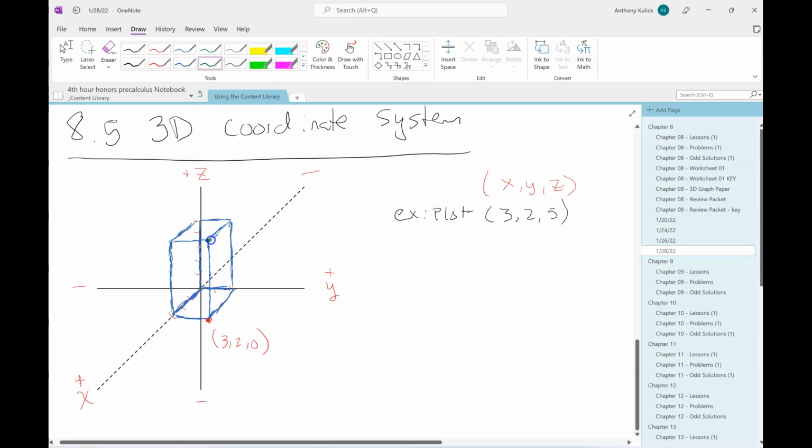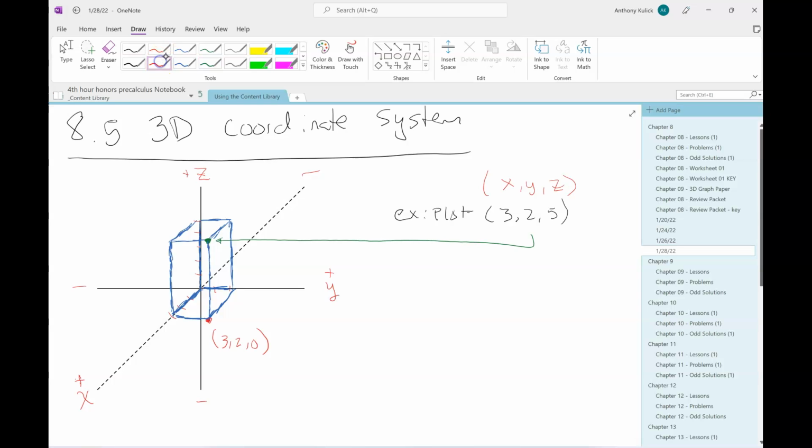So it's this corner here that I'm looking for. That's the point 3, 2, 5. Because essentially what I've done is I plotted 3, 2, 0, and then I lifted that point 5 units in the z direction.